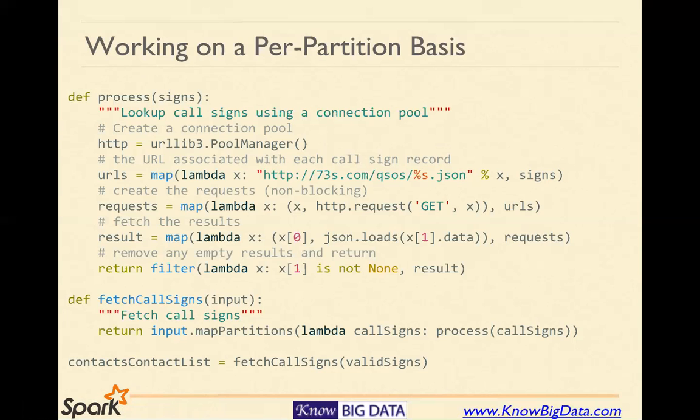You want to, let's say, open a database connection, and you don't want to open this database connection on every record. Instead, you want to do it on every partition, because opening a database connection is heavy. Therefore, you want to handle the whole situation on a per partition basis. In that case, you can use mapPartitions.